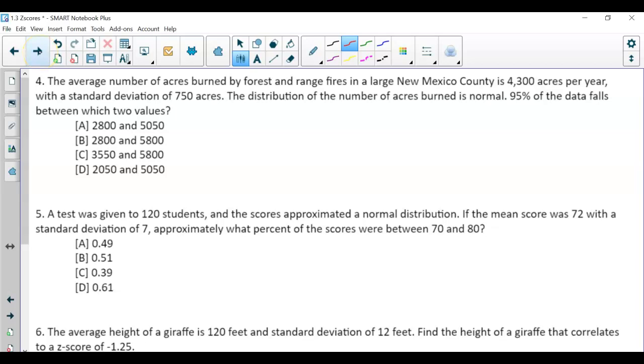Now question number 4. This here, the setup with our mean and standard deviation, but it's asking for 95% of the data falls between what two values. So again, here's your empirical rule. 95%, which is 2 standard deviations. So again, here I've got my mean of 4,300 acres and standard deviation of 750.